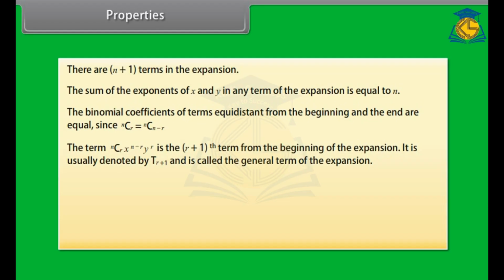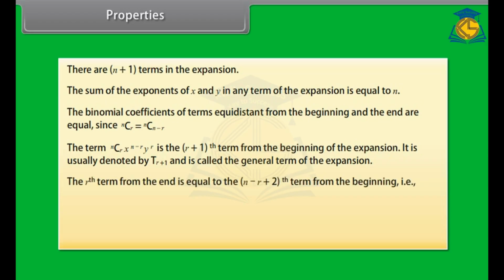The term nCr x^(n−r) y^r is the (r+1)th term from the beginning of the expansion. It is usually denoted by T(r+1) and is called the general term of the expansion.